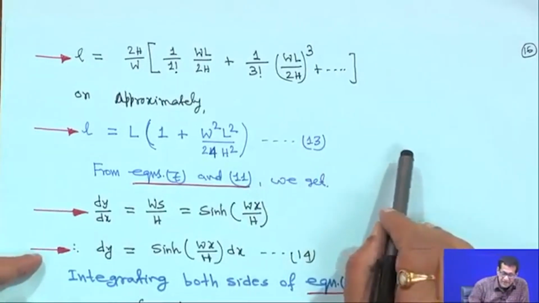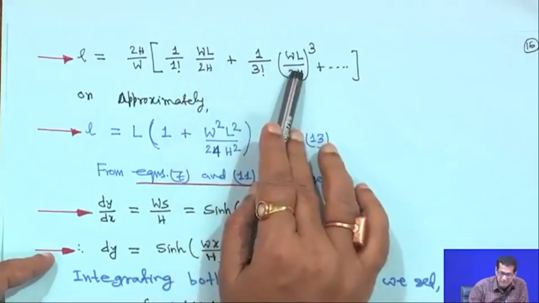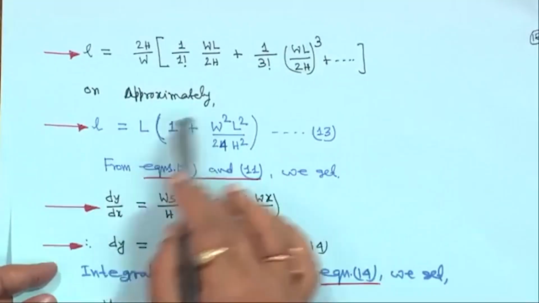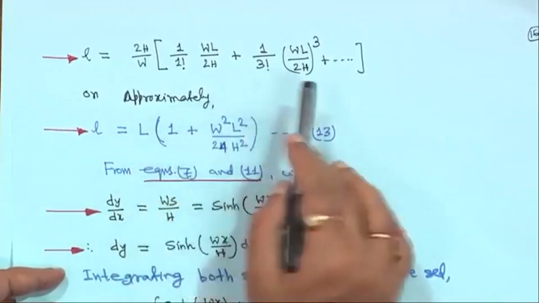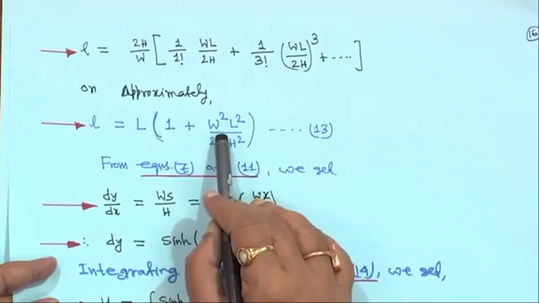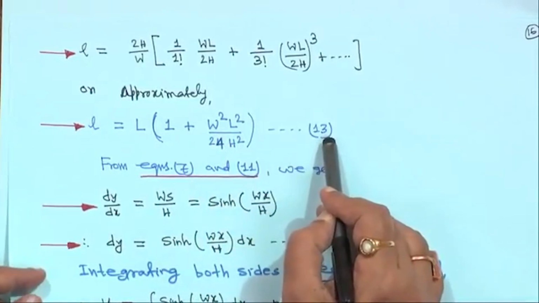If you take only the first two terms, take w common and h common, they will be cancelled. Finally, this expression l will become l is equal to capital L into 1 plus w square L square upon 24 h square. This is equation 13, right.